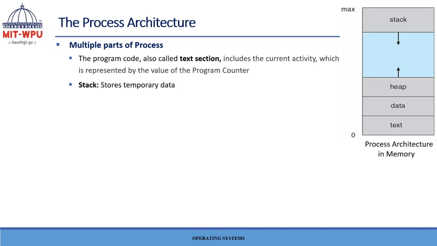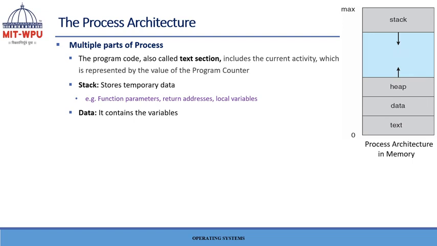It also includes the current activity as represented by the value of the program counter and the contents of the processor's registers. A process generally also includes a process stack which contains temporary data such as function parameters, return addresses and local variables, and the data section which contains the global variables.